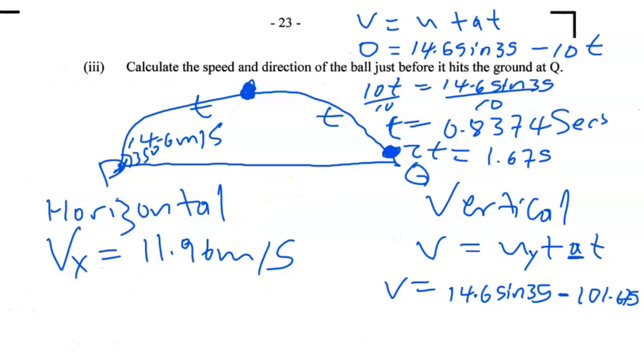So let's write that better. There's minus 10 times 1.675. So this will give us 8.37 meters per second. That's the speed it will hit here.